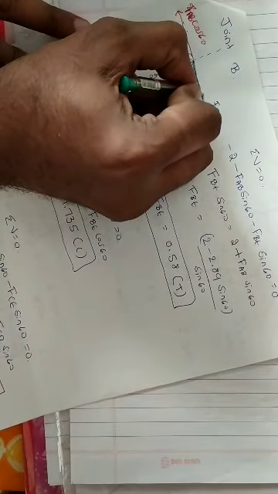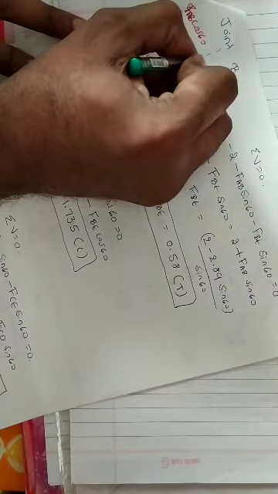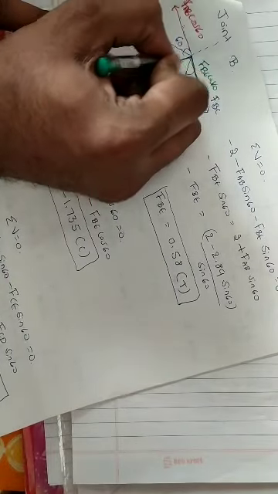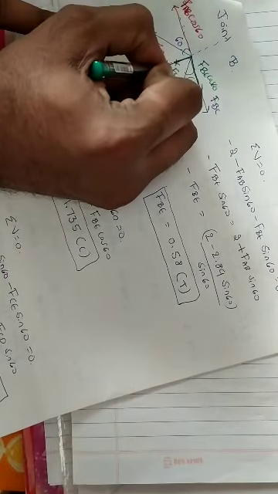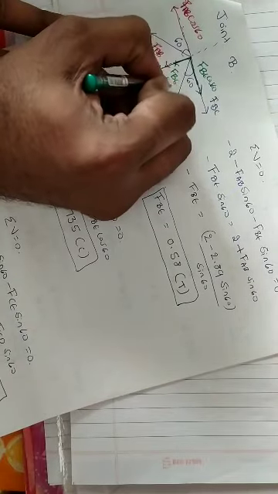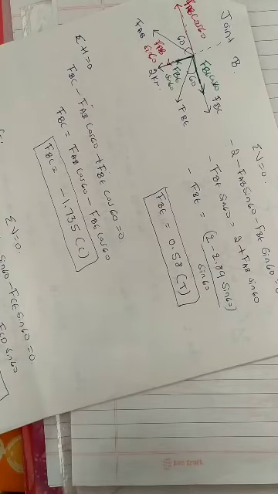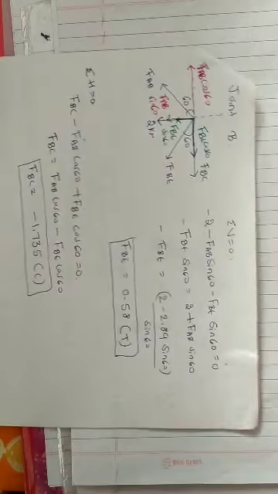You can see here I am drawing with the green ink. So this is FBE cos 60 and the vertical component is here. This is FBE sine 60, right?